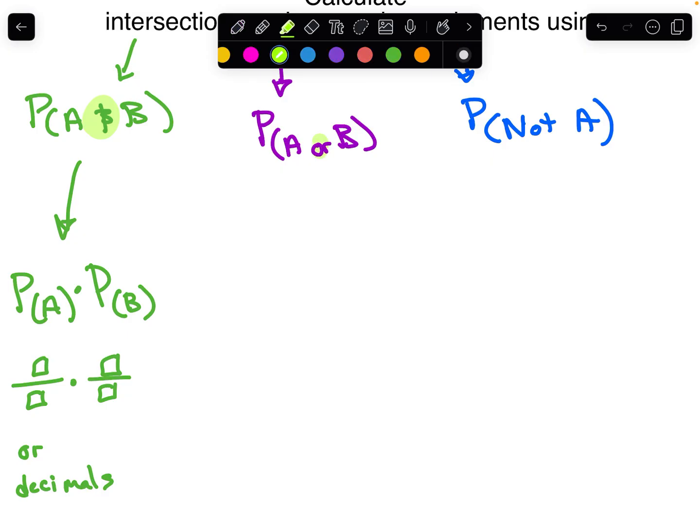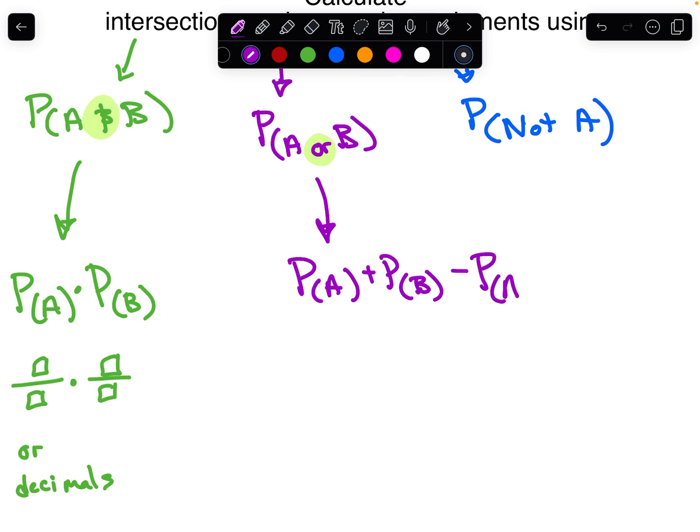If it's a union, it's got this "or", so you don't care if you got outcome A or B, it could be one or the other, because maybe you win under either condition. And so you're going to calculate that by adding the probabilities together, but then you have to subtract the probability of them both occurring, the overlap of them both happening.